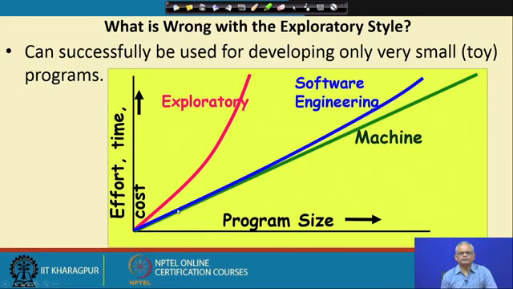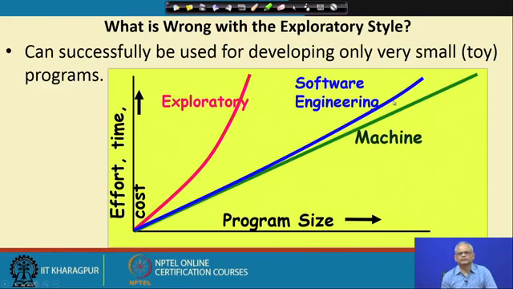It is a robotic machine which can write code. If that can be realized, then it will be exactly linear. If it takes some time, some cost is incurred, you give 10 times, exactly 10 times will be incurred, whereas using software engineering principles, it just increases slightly.